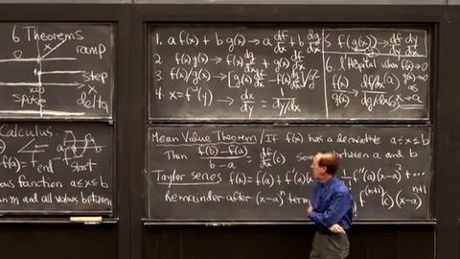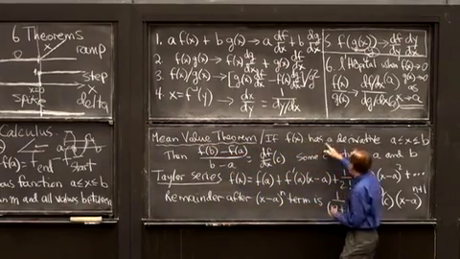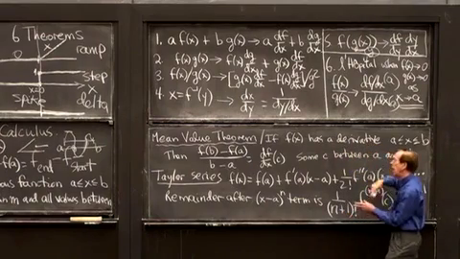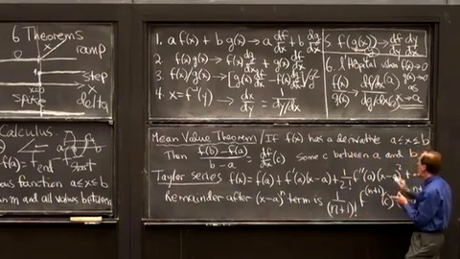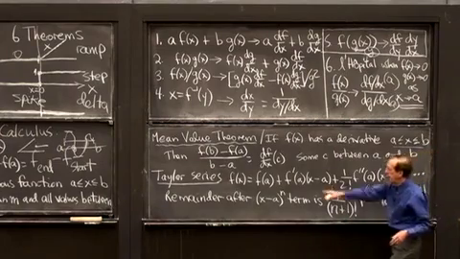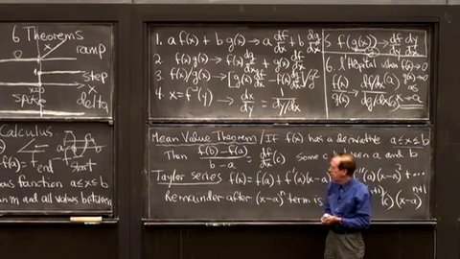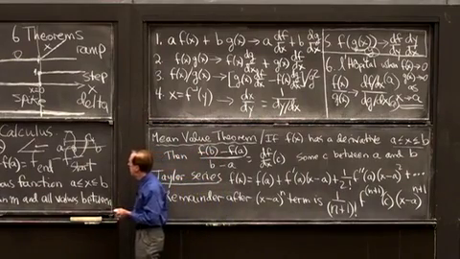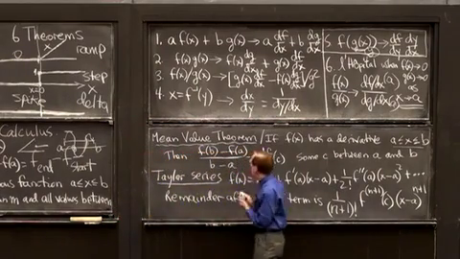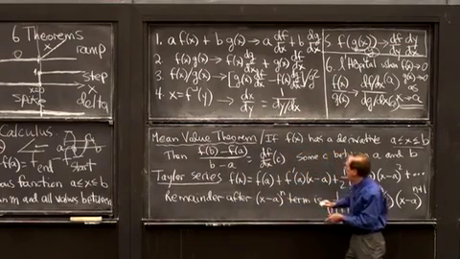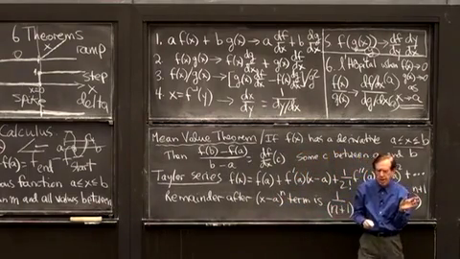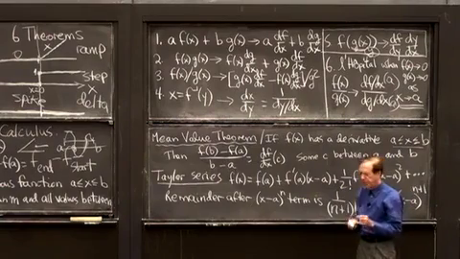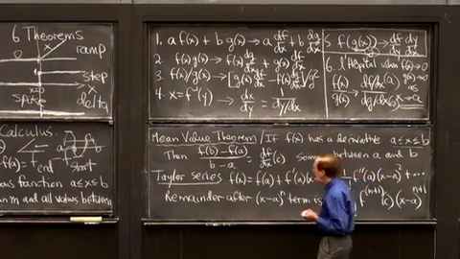That's a neat theorem. Again, here our function is going to have a derivative over some region. So this function f of x, here's the idea of the mean value theorem.